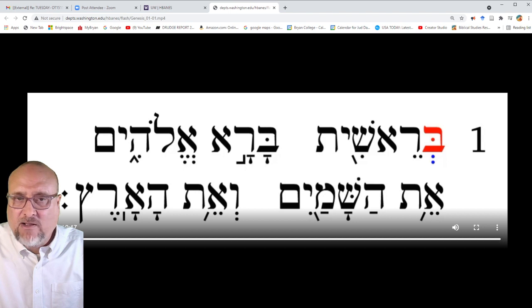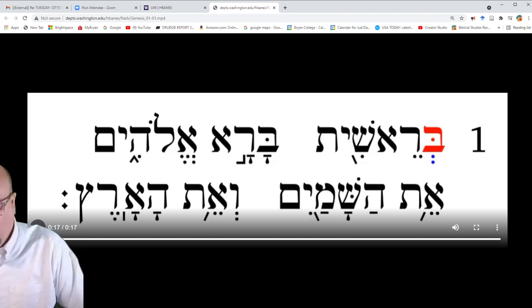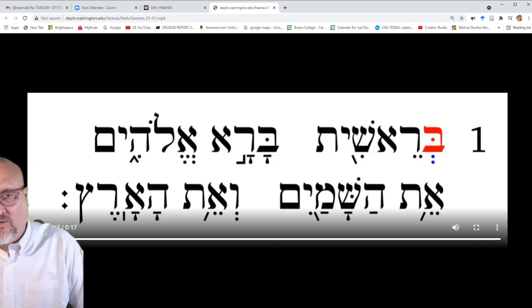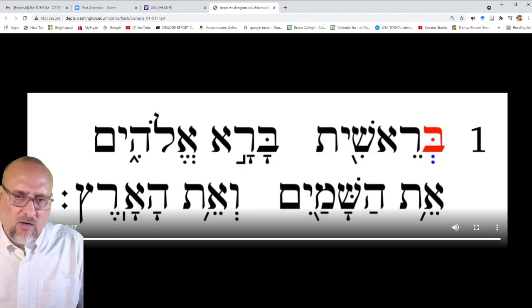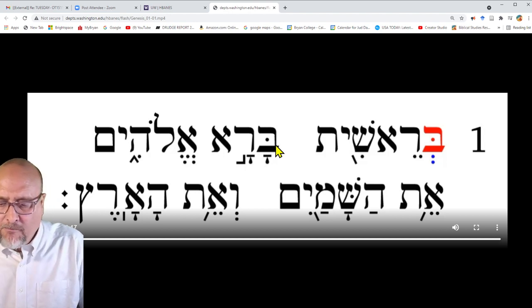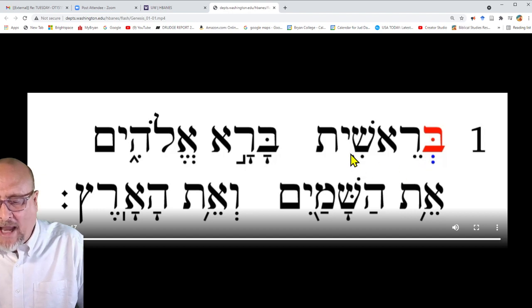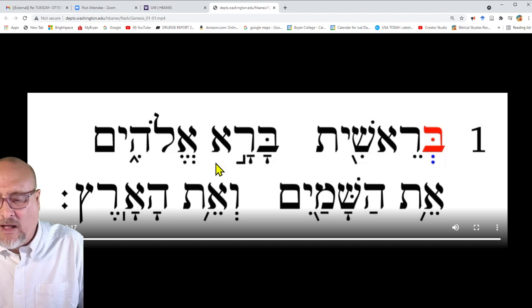Okay, the things that are in green are accents. They're called cantillation marks. People in Israel who read the text kind of sing the text to each other, and so those marks are all related to the cantillation of the text. We don't have to learn those other than that wherever they are, those are the accented syllables.